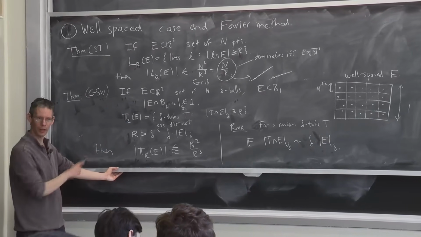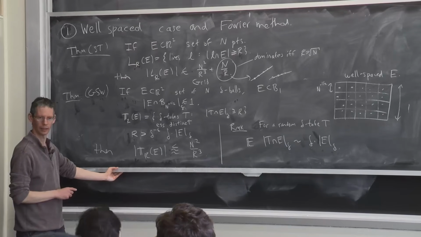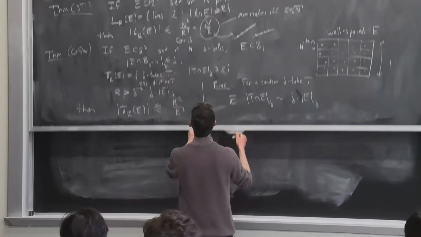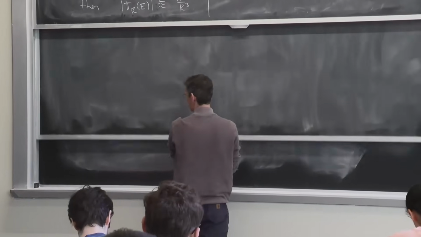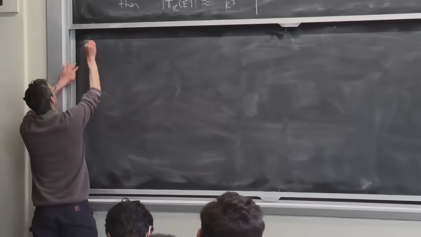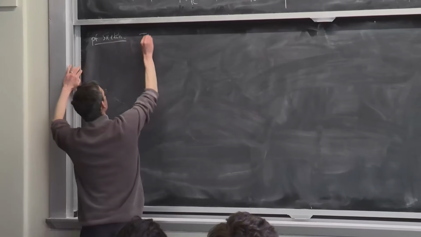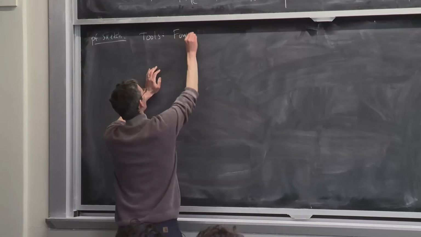OK, any questions or comments about the statement? OK, so I'm going to do a proof sketch of this theorem. So let me first mention the tools that will go into it. There's the Fourier method.